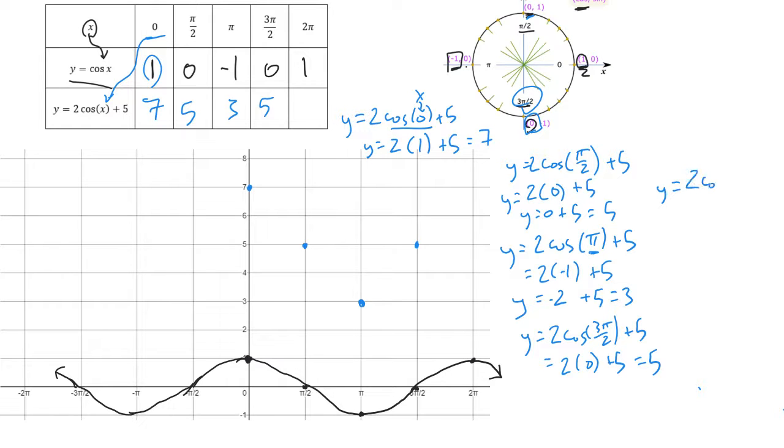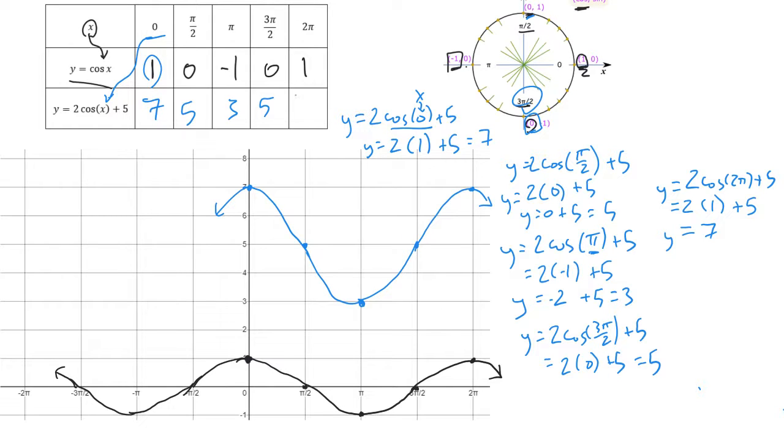We get 2 times the cosine of 2 pi plus 5. That means my cosine value is 1. And when I multiply that by 2 and add 5, I get a y of 7, and I'm back at the top, right?